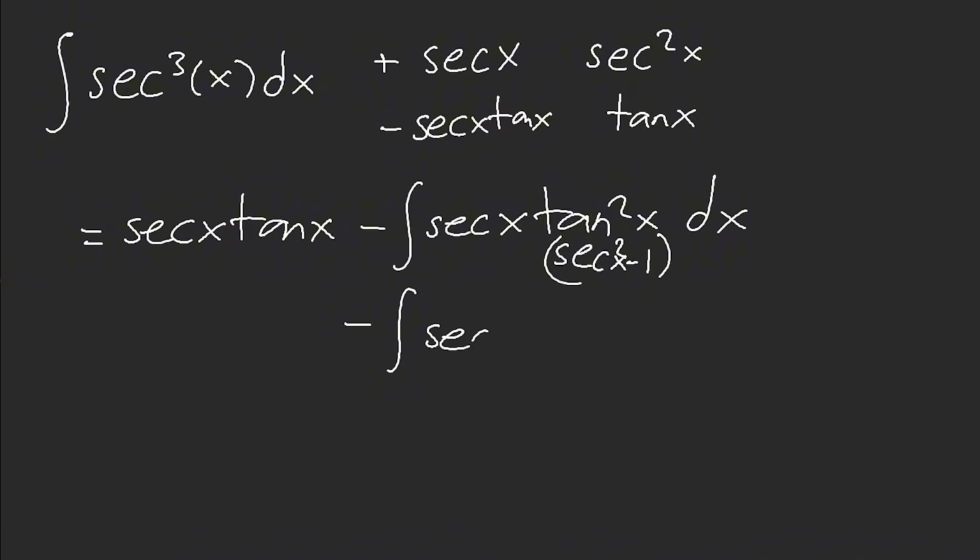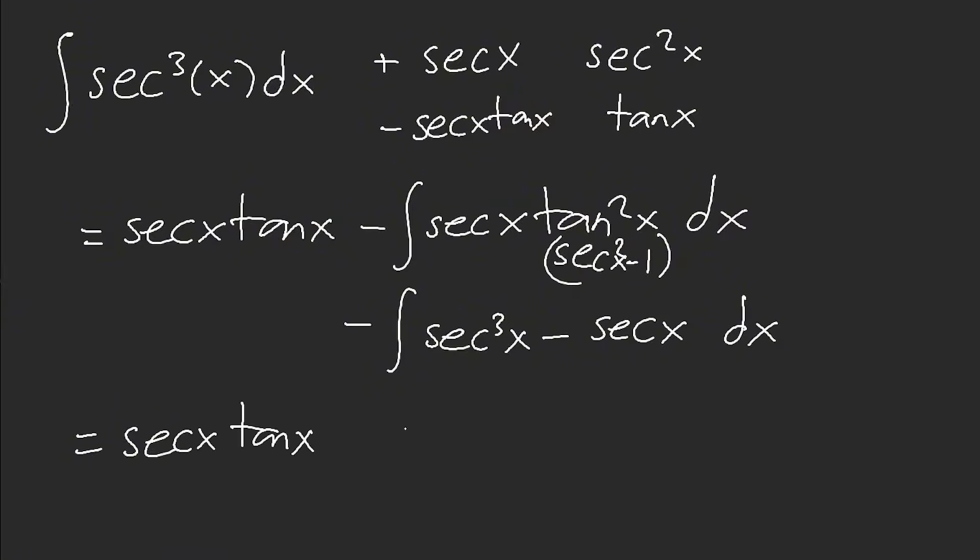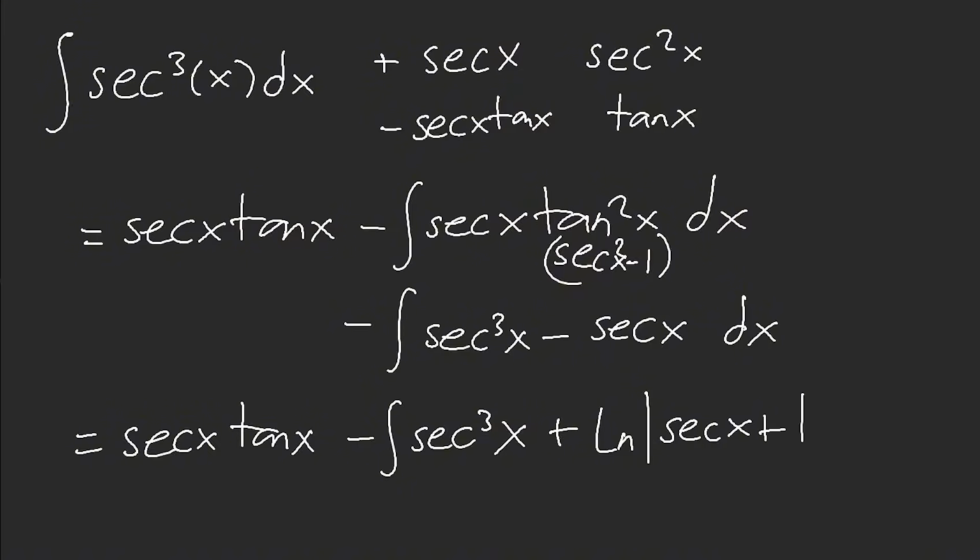So now this is secant cube of x minus secant of x dx. So now we have secant of x tangent of x minus the integral of secant cube plus the integral of secant x, which is ln of secant of x plus tangent of x.